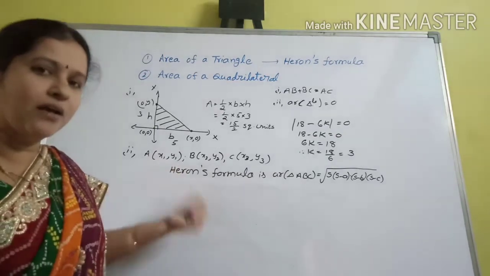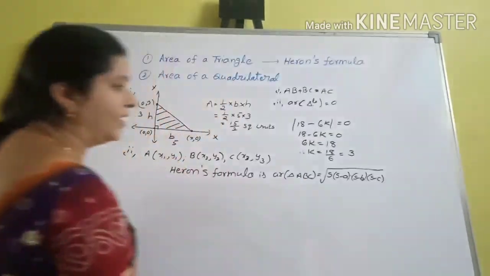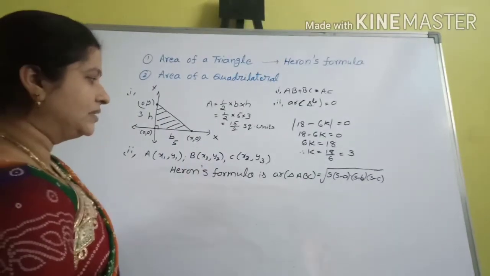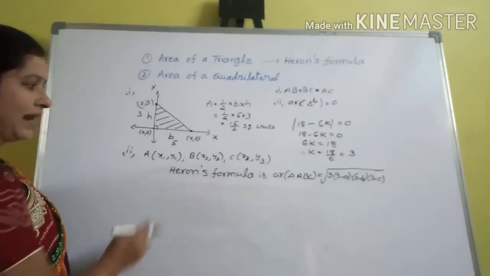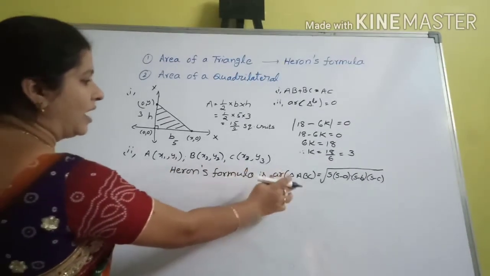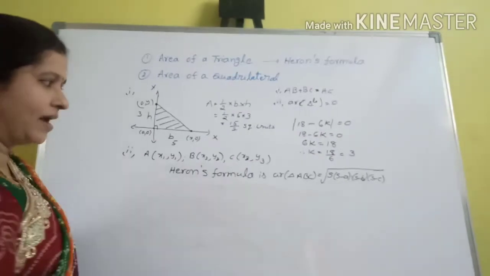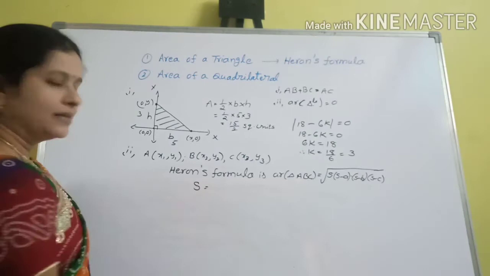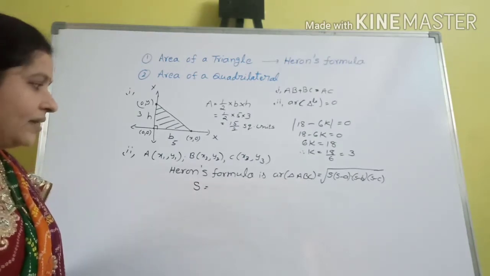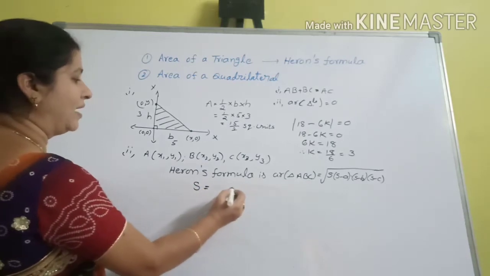Write the Heron's formula and describe the values S, a, b and c. This is also sometimes given as a 1 mark question. Here, what is the S value? S means the semi-perimeter of a triangle.